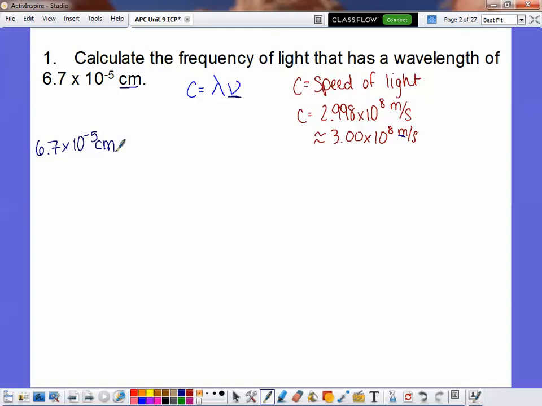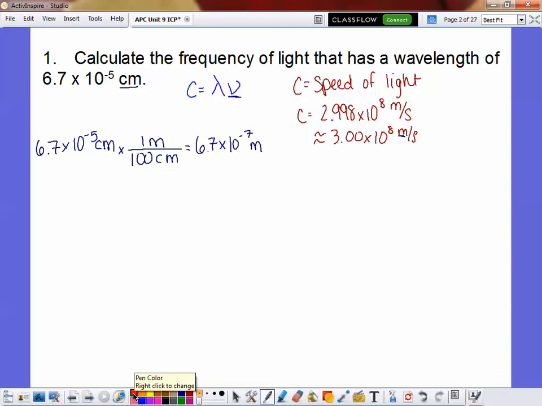And what's the conversion there? Divide by 100, because there are 100 centimeters in 1 meter. And what is that? 6.7 times 10 to the negative 7 meters. All right, so now we can plug that into the formula.